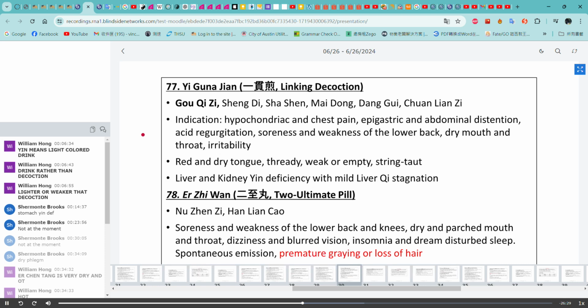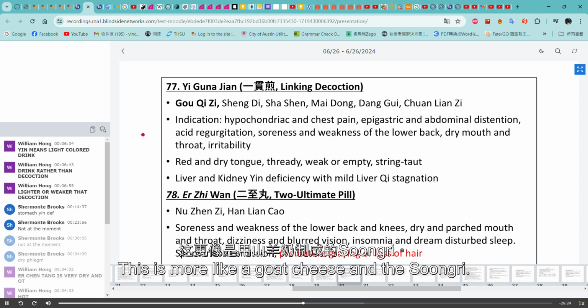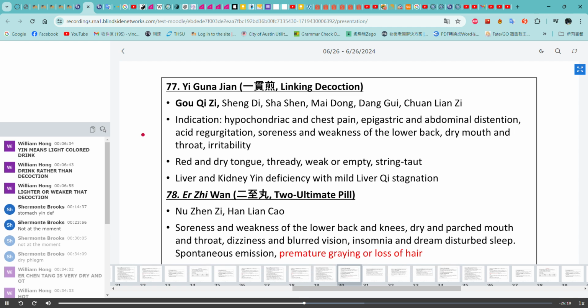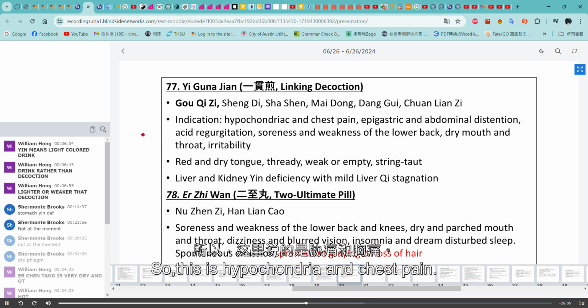一贯煎, this is more like 枸杞子, shengdi and maidong. So pretty much of a yin deficiency. With Chuanlianzi is more qi stagnation with the pain. So this is hypochondriac and chest pain.